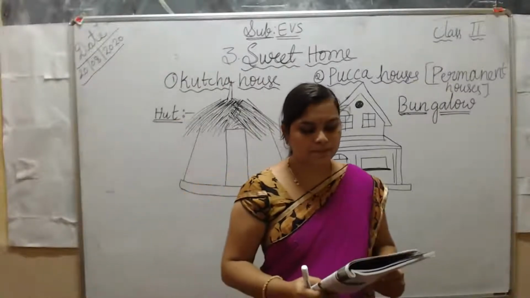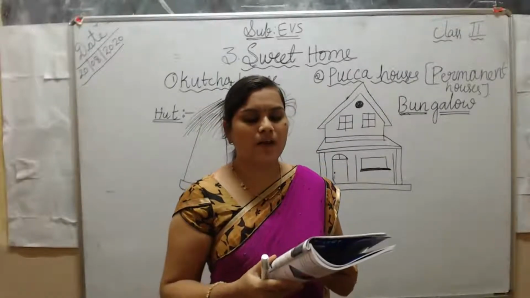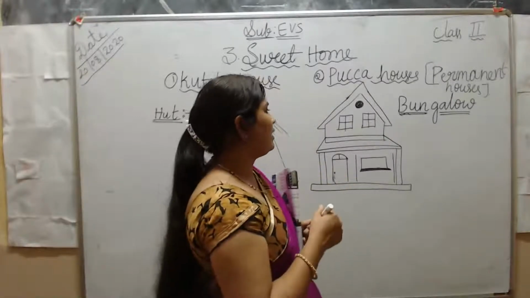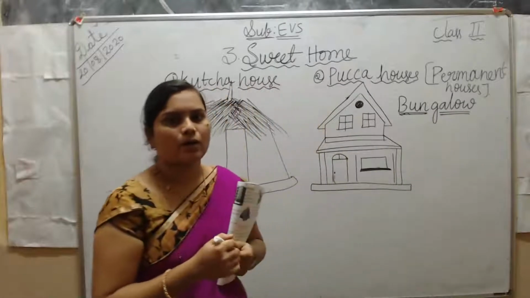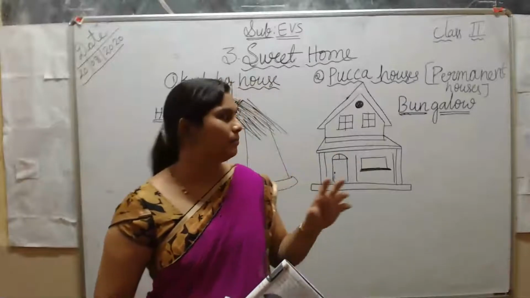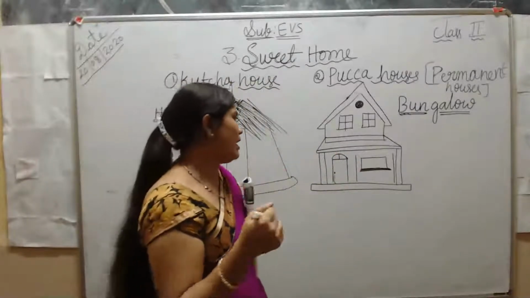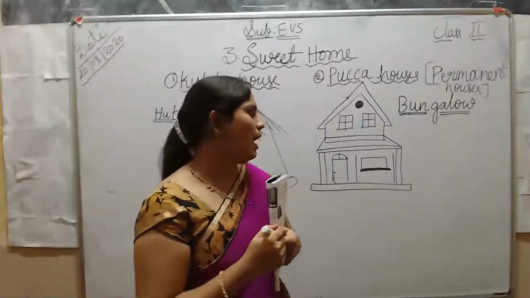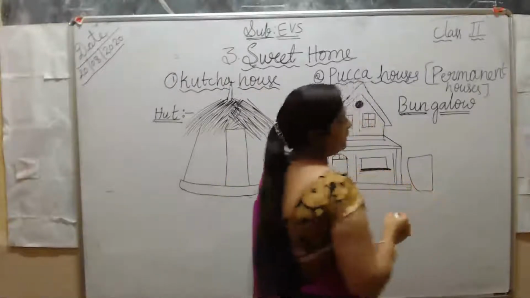Some people live in bungalows. They are very big houses with many rooms, lawns and a garage. What do you mean by bungalow? Flats and apartments have a small place, but a bungalow has a big place. It contains many rooms and has a vehicle parking area.